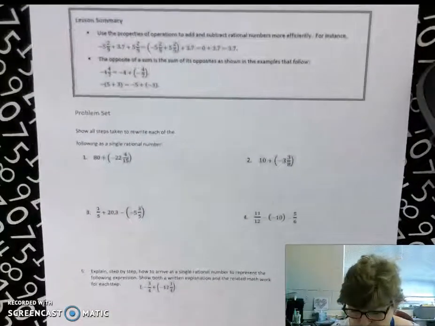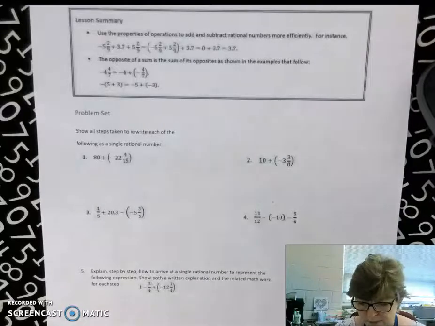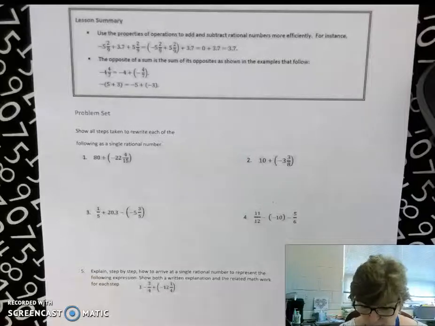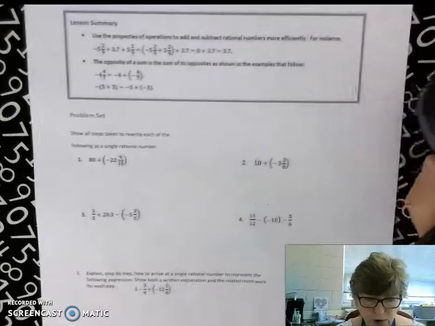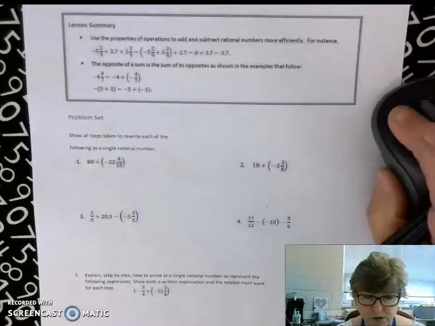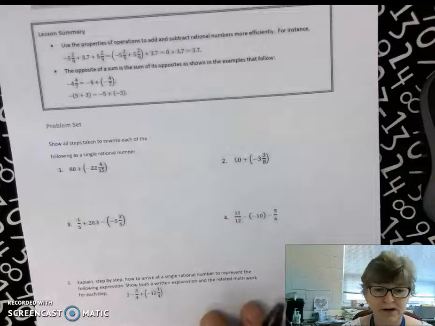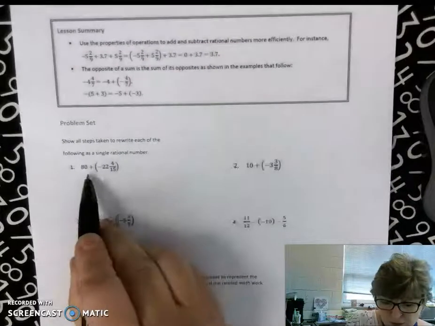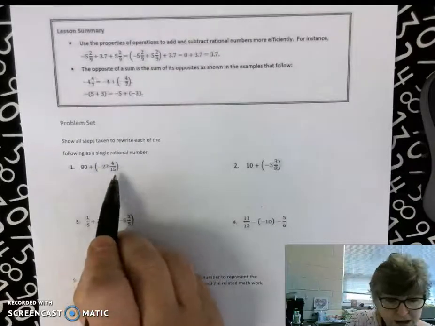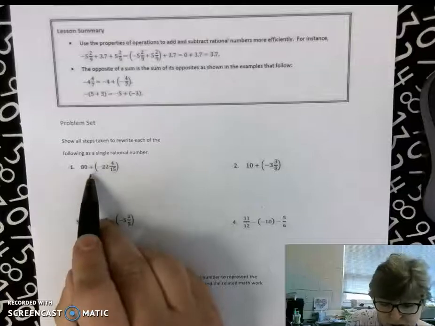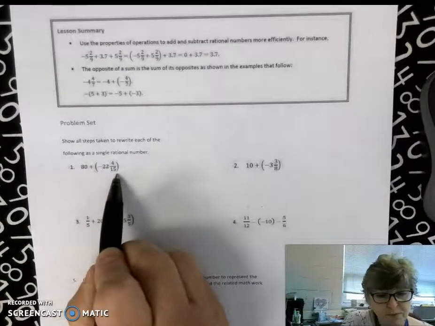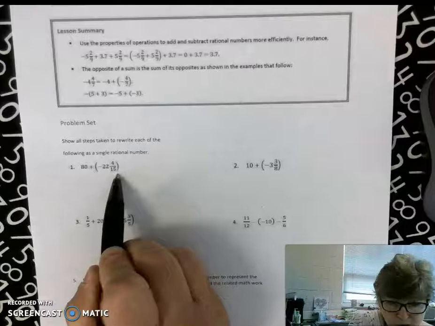So in our problem set, show all steps taken to rewrite each of the following as a single rational number. So we'll go over, make sure you have your work out so you're comparing and make any adjustments and notes. All right, here we go. This first problem, we already are set up with an addition problem. So our first step is going to be to decompose.